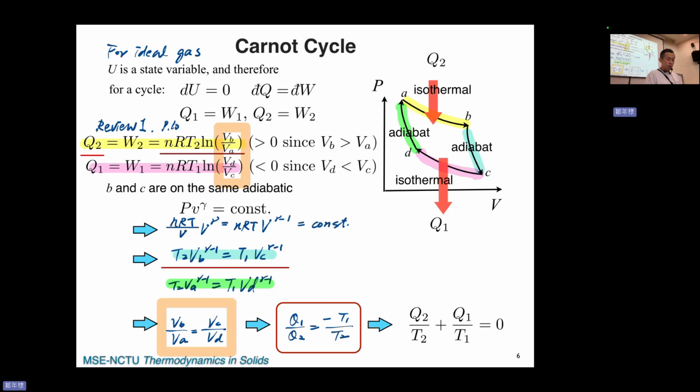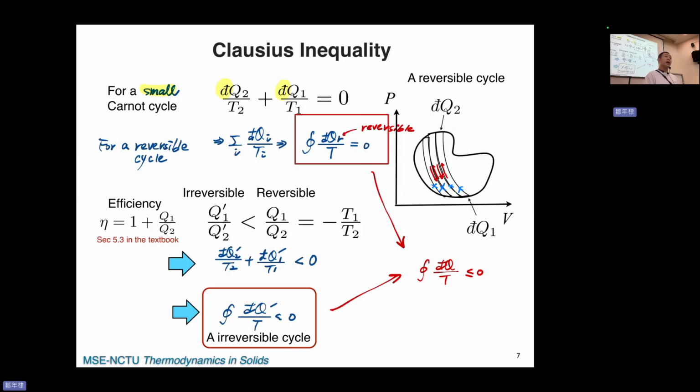And then we introduced the Carnot cycle, which is an ideal cycle including two isothermal processes and two adiabatic processes. By using that, we can relate it to efficiency.